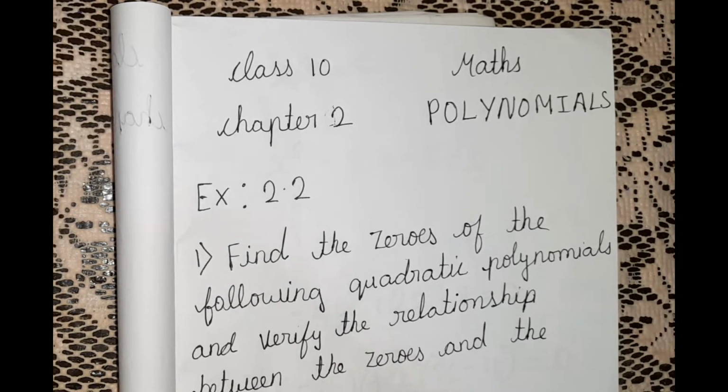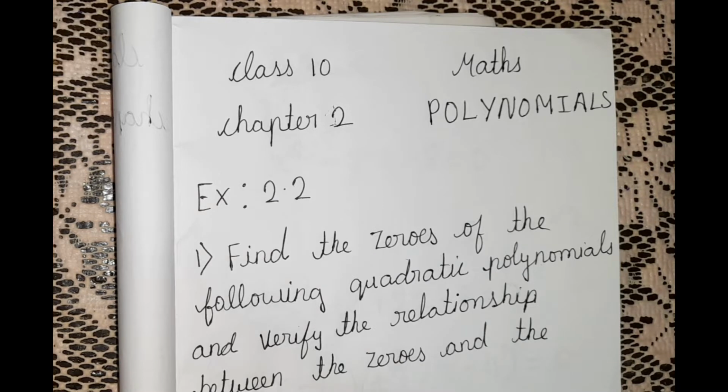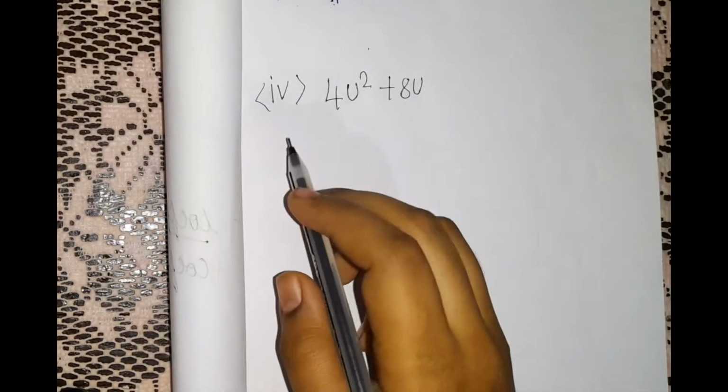Already we had solved the three subdivisions, which were really easy, because we know the formulas and we know how to find the number of zeros, and the relationship between the zeros and the coefficients. In this video also we are going to be finding the relationship between the zeros and the coefficients by using the same formulas. So this is the fourth subdivision.